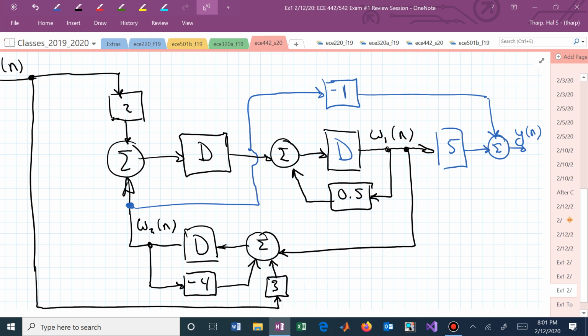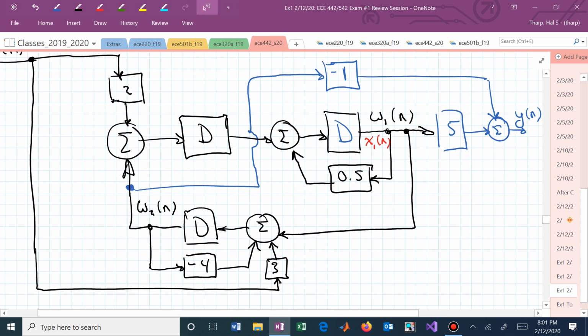I'm going to try to be consistent with my notes, and that means that I'm going to label this output as x sub 1 of n. That's one state variable component. The next one is going to be the output of this delay block, x sub 2 of n. And the last is going to be the output of the third. And here, remember where the input and the output are, that's determined by the arrow directions. There's x sub 3 of n.